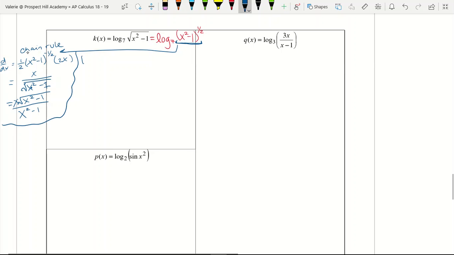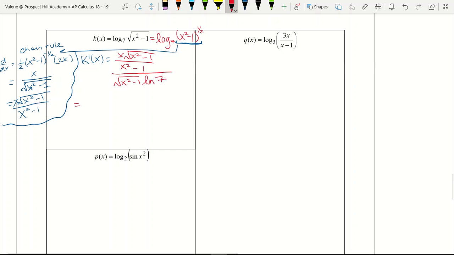So k prime of x is equal to the derivative of the inner function, which we found on the side here. So x times square root of x squared minus 1 all over x squared minus 1, and that over square root of x squared minus 1 times the ln of 7.